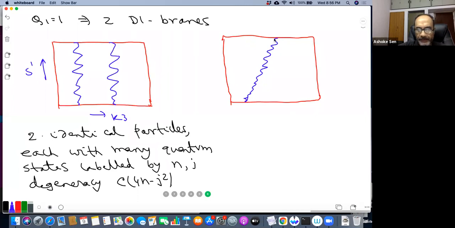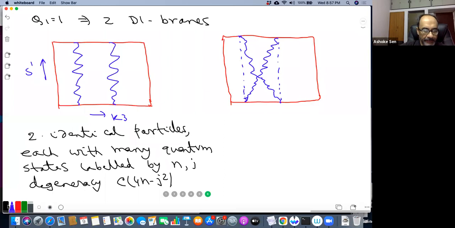You can see the two ends are different, but then you continue and come and end here. So this is the same as this, a single D1 wrapped twice. So this counting has to be done separately. This is not a two-particle system. But this counting, in fact, is also obtained in terms of the same C.